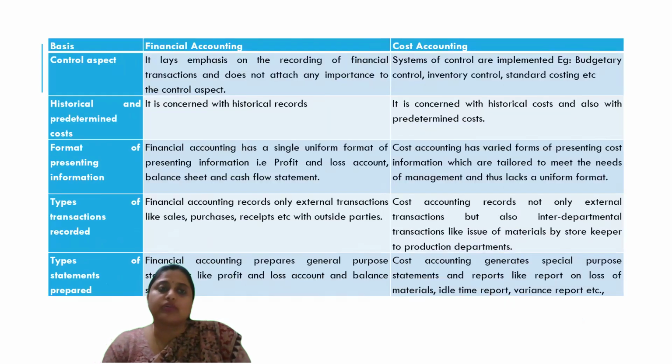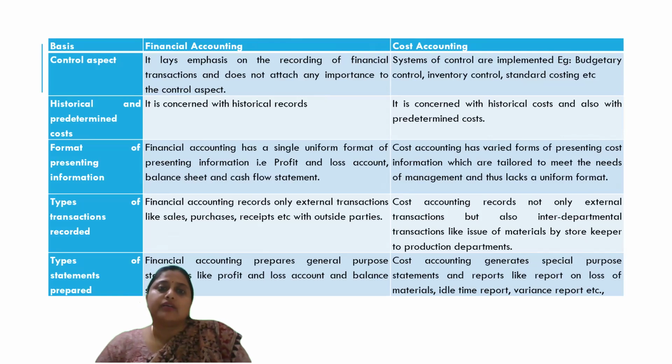Let us look at some more differences, starting with the control aspect. Generally, financial accounting lays emphasis on recording of financial transactions and does not attach too much importance to the control aspect. Whereas cost accounting has certain systems in place that help in controlling the cost, like budgetary control, inventory control, or standard costing.